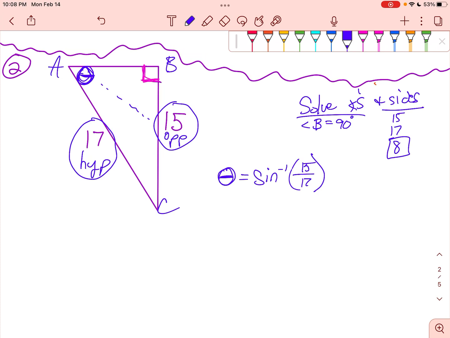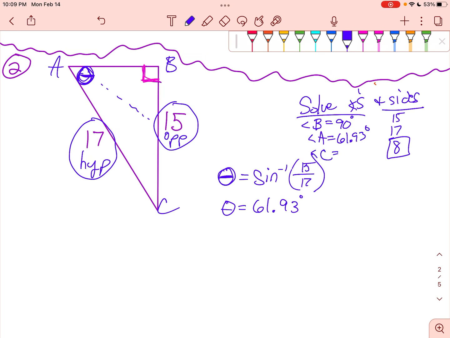So inverse sine of 15 divided by 17. I'm asking my calculator what angle measure has the ratio of 15/17, and my calculator is telling me that theta is approximately 61.93 degrees. So angle A is approximately 61.93 degrees.